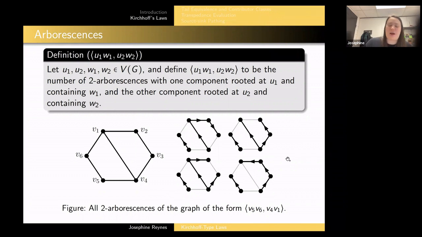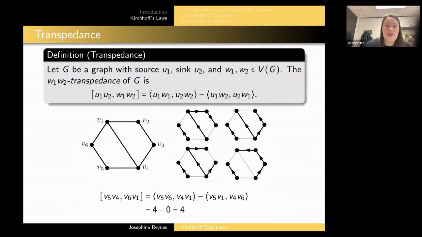So why do we care about this bracket notation? Well, for Kirchhoff's laws, with a graph with source U1 and sink U2 and 2 other vertices, the W1, W2 transpedance, which is what Kirchhoff's laws are counting, is defined to be the difference between these 2 bracket notations where we swap the order of the W's. So it's [U1, W1; U2, W2] minus [U1, W2; U2, W1].